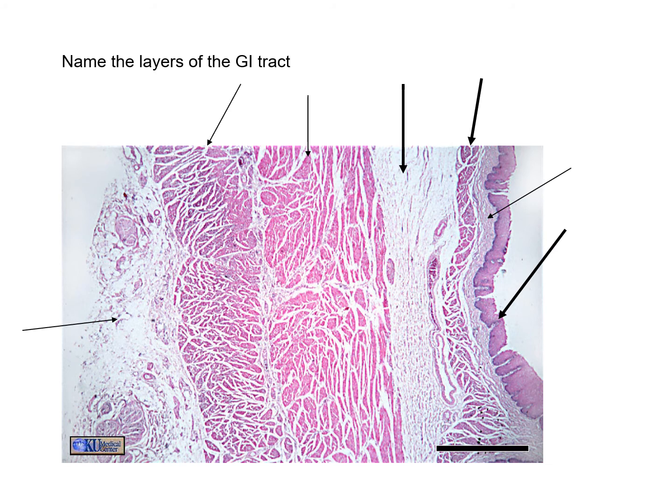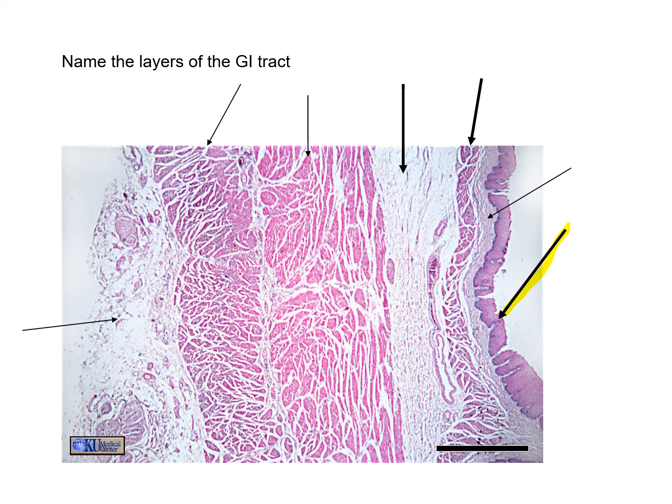So if we were to start from the layer that faces the lumen, the epithelium layer, and what type of epithelium is most predominant in the GI tract? Simple columnar.